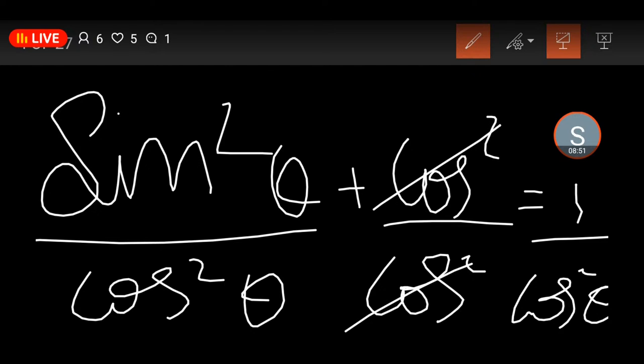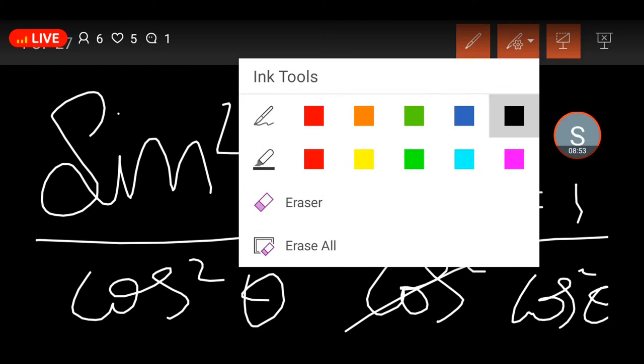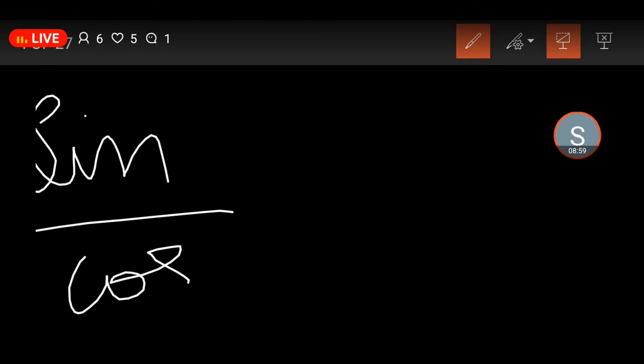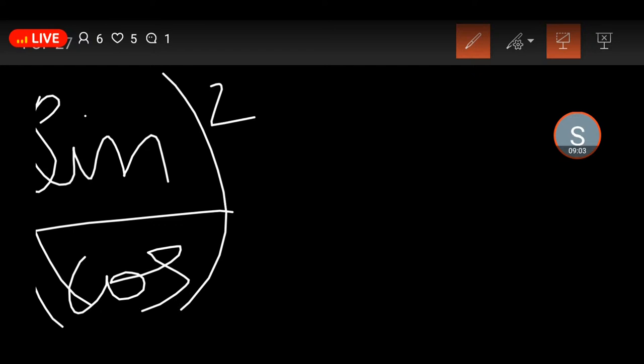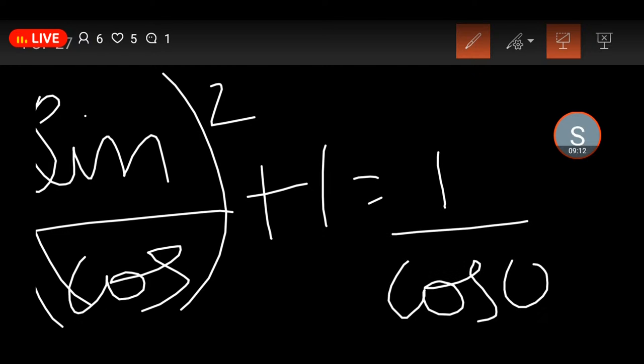Now do this process: (sin by cos) whole square plus 1, since cos square cancels, is equals to 1 by cos theta whole square.